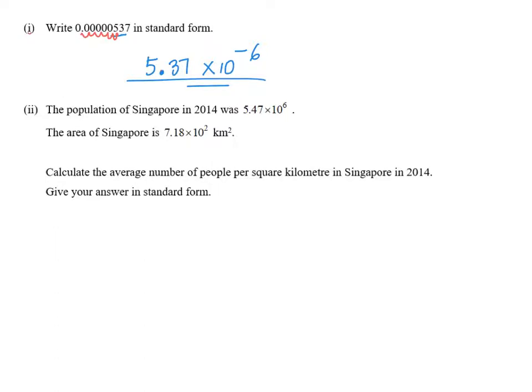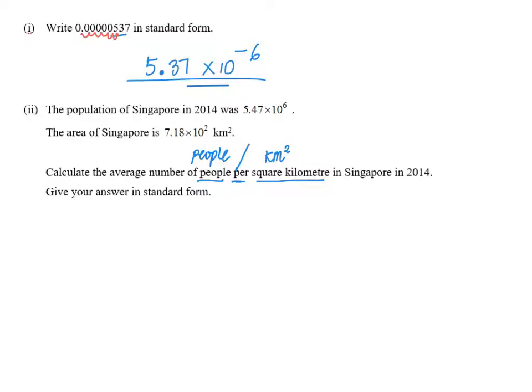Next question. The population of Singapore was this number, and the area of Singapore is this number of square kilometers. Find the average number of people per square kilometer. Per means I'm going to divide by square kilometers. So what do they actually want in this question?